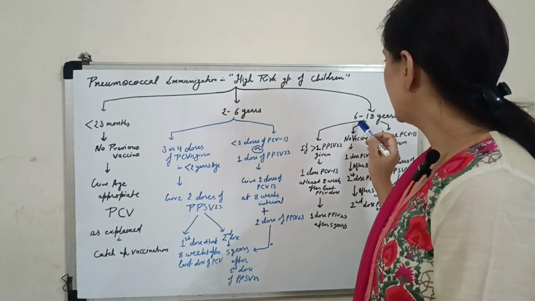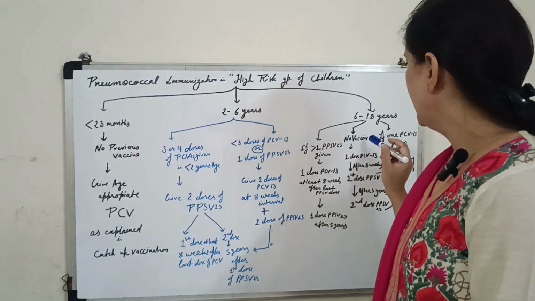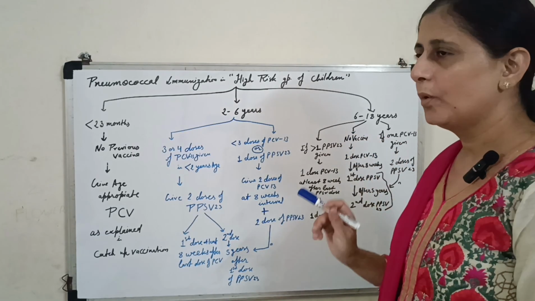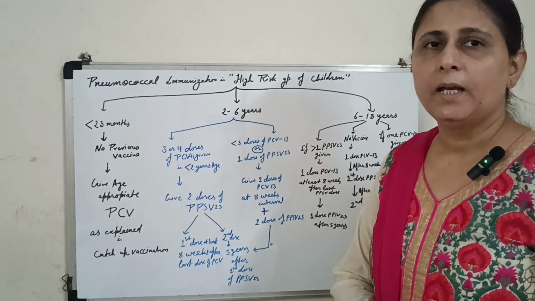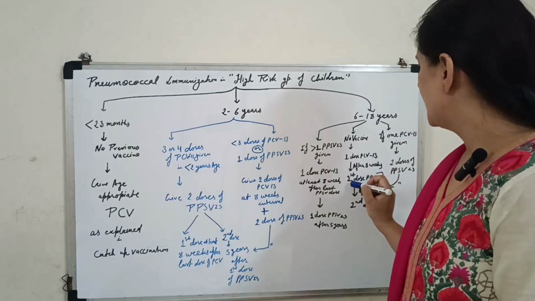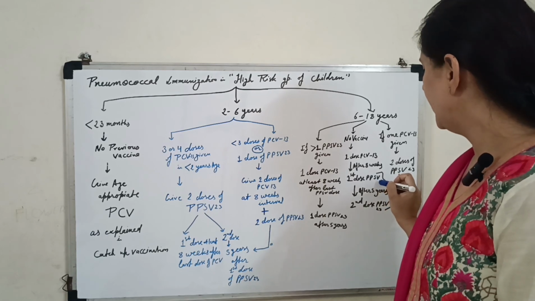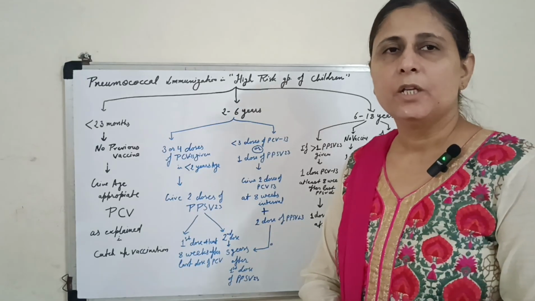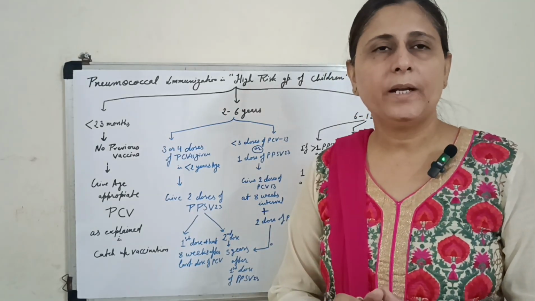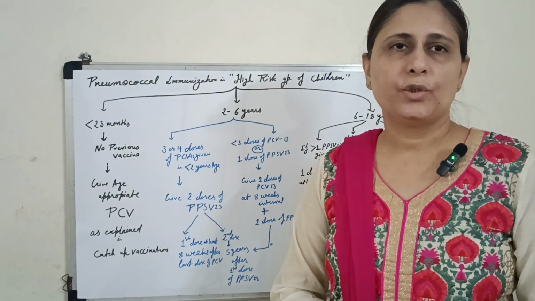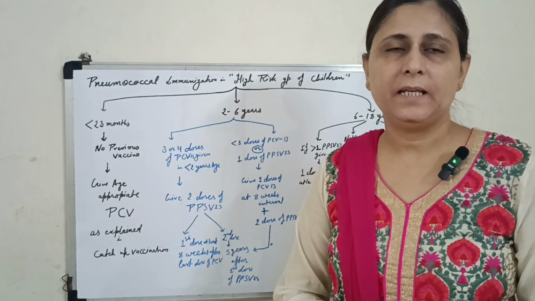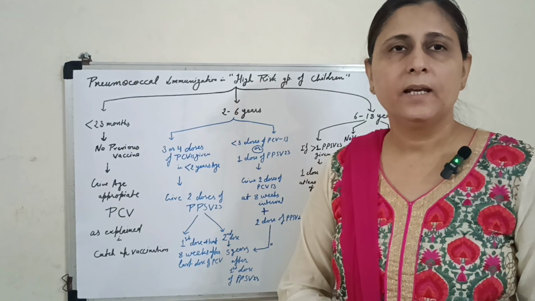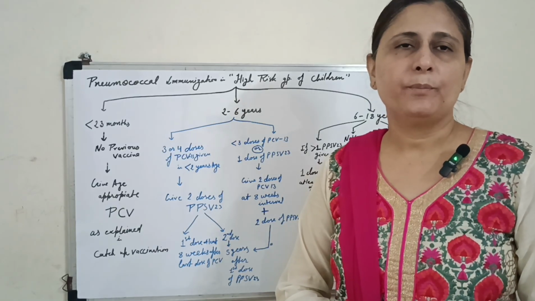Now, if the child is between 6 to 18 years of age and no vaccine was received previously, then 1 dose of pneumococcal conjugated vaccine should be given, and after 8 weeks, 1 dose of PPSV 23 should be given, and after 5 years, the second dose of PPSV 23 should be given. So in the age group between 6 to 18 years, with no previous vaccination, we have to give at least a single dose of pneumococcal conjugated vaccine, and 2 doses of PPSV 23.